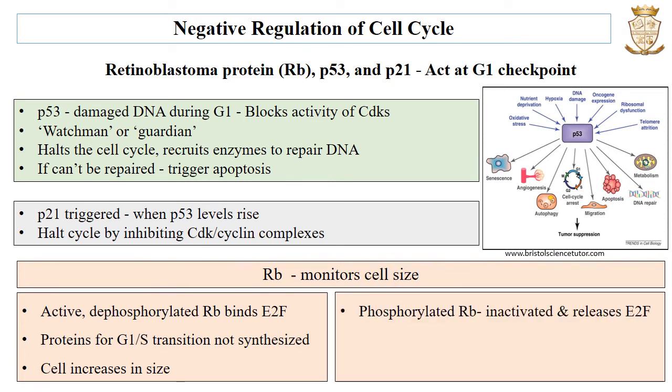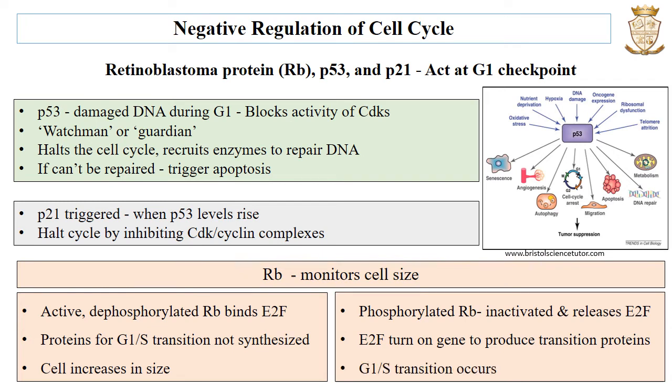As the cell increases in size, RB will be slowly phosphorylated and become inactivated, and as a result, it will release the E2F. The released E2F can now turn on the genes that produce the transition proteins, and as a result, the G1 to S transition block is removed. The cell will move forward to the S phase.